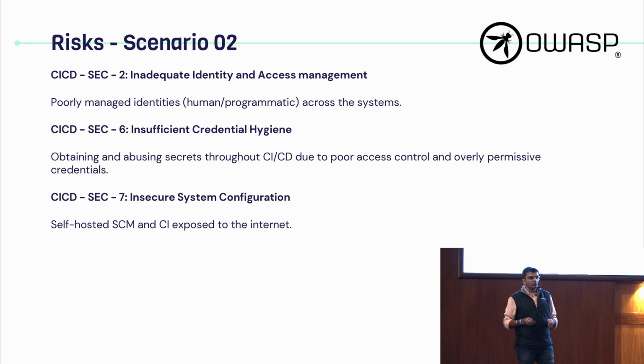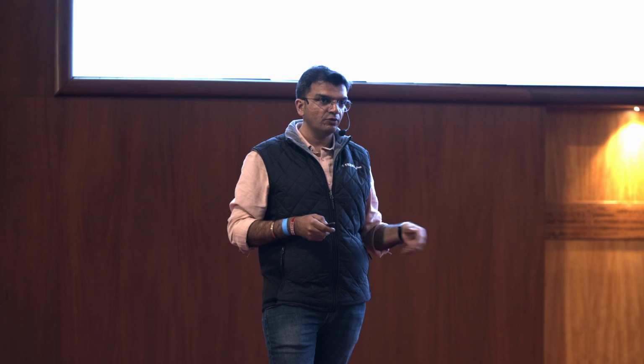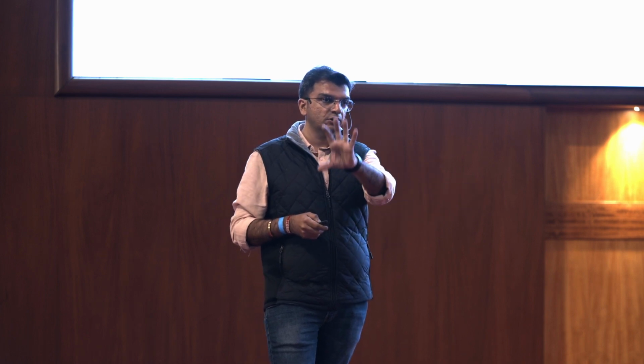Okay, any sort of credentials that you are storing, whether they are GitHub passwords, or access tokens, especially for CI/CD, store them in a safe vault, or a mechanism which will not let them get exposed very easily. And the 7th, from this particular risk scenario, standard number 7, it's again an insecure system configuration, because a self-hosted SCM, whether it was GitHub or the build process, was compromised again over here.